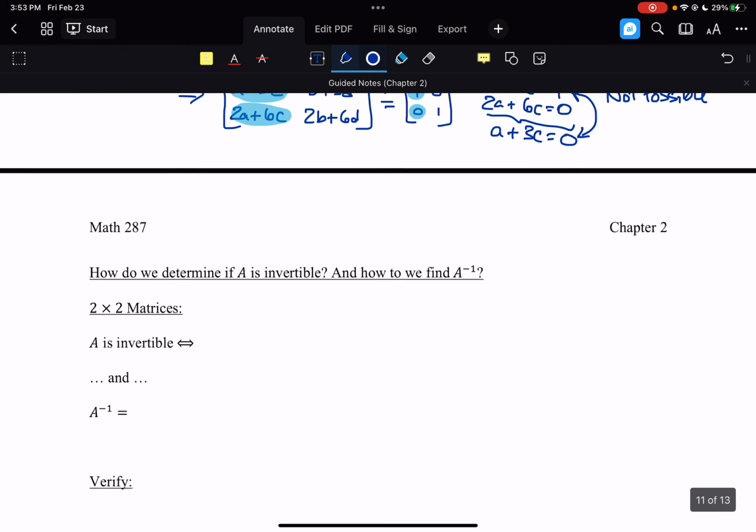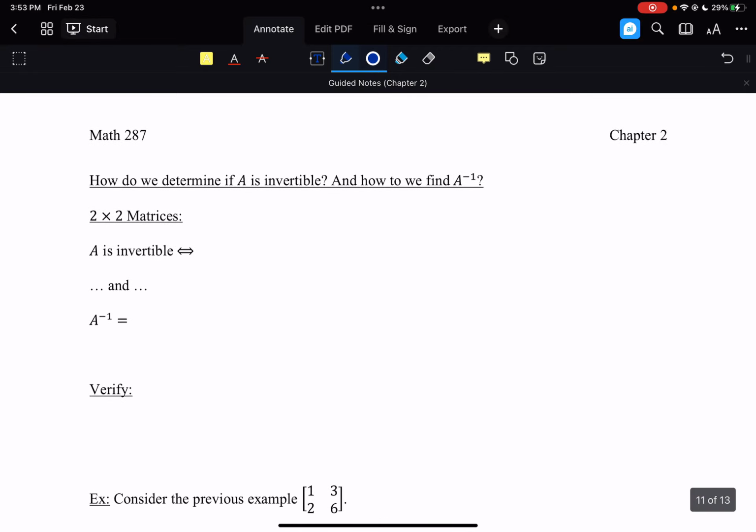How do we determine if A is invertible, and how do we find A inverse if it is? So for 2 by 2 matrices, we have a pretty specific process here. We say A is invertible if and only if AD minus BC is not equal to 0.